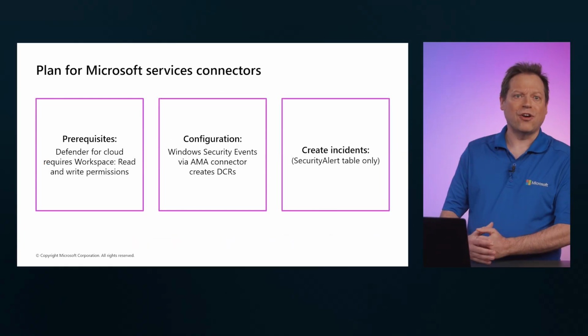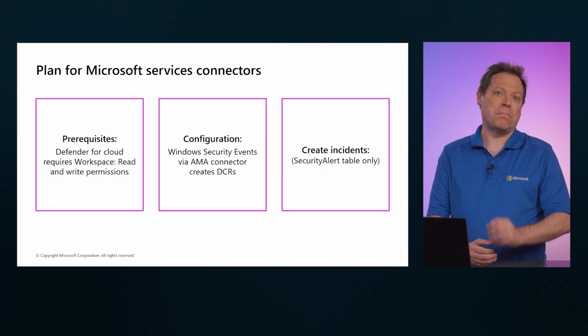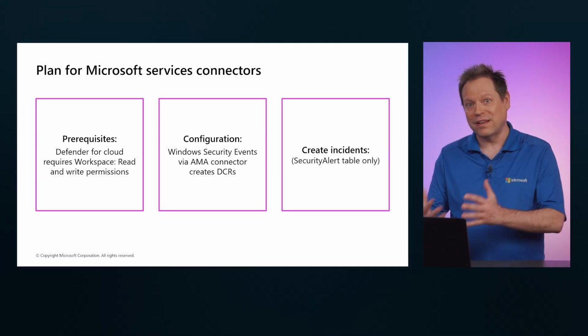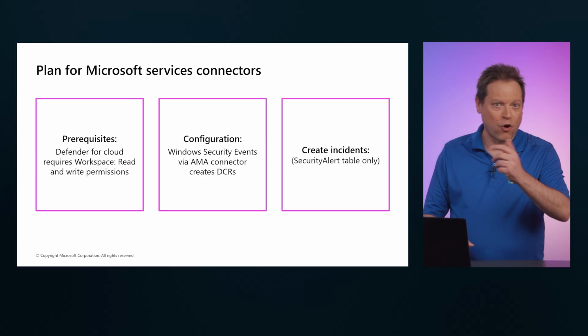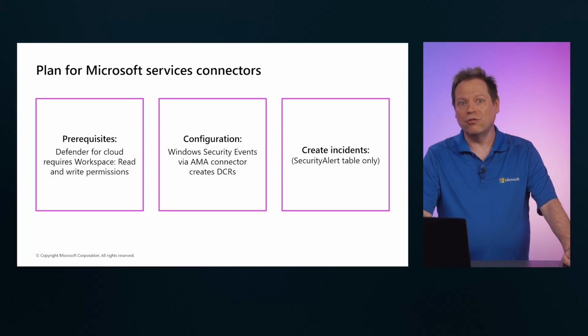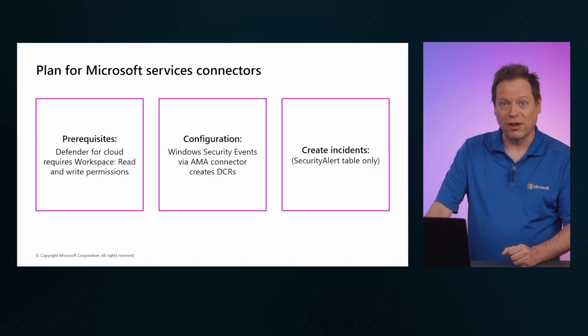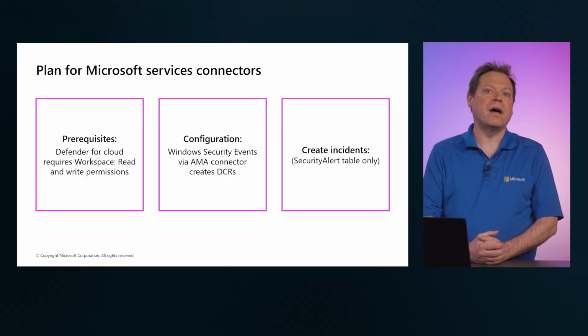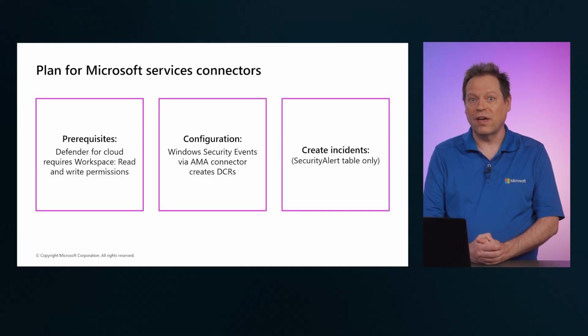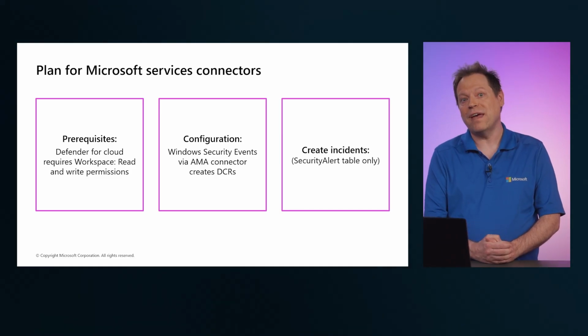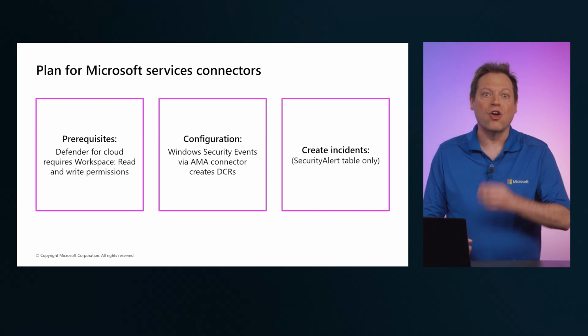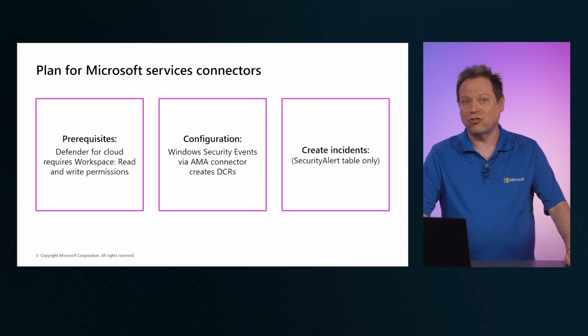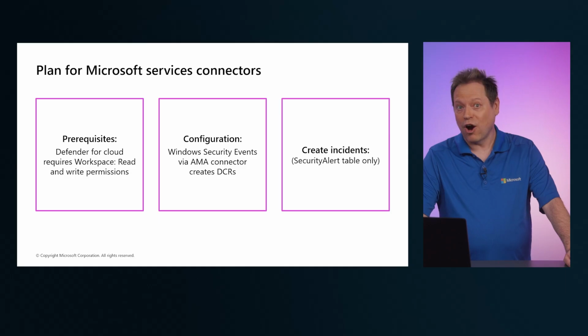Before you turn these connectors on, it's important to plan prerequisites and outcomes. For Microsoft Defender for Cloud, you'll need the right permission on the workspace, specifically read and write permission. Also, keep in mind configuration details. For example, the Windows security events via AMA connector creates a data collection rule, or DCR.